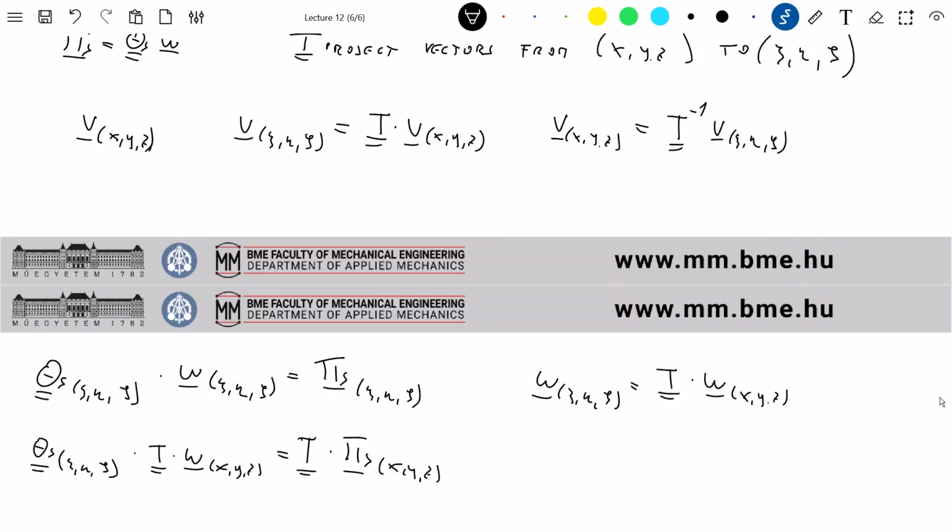Okay, so we apply this transformation also that Πs in the ψ, η, ζ is equal to T times Πs in the x, y, z.